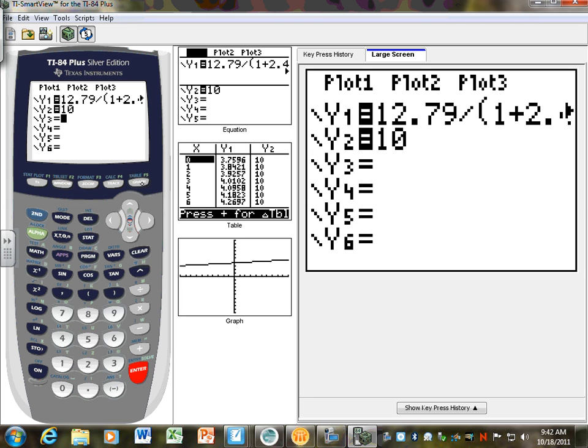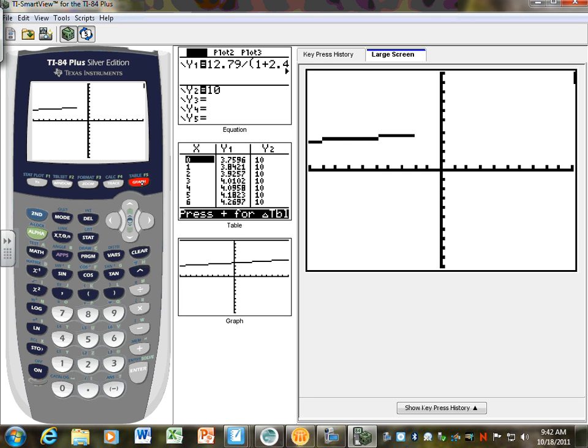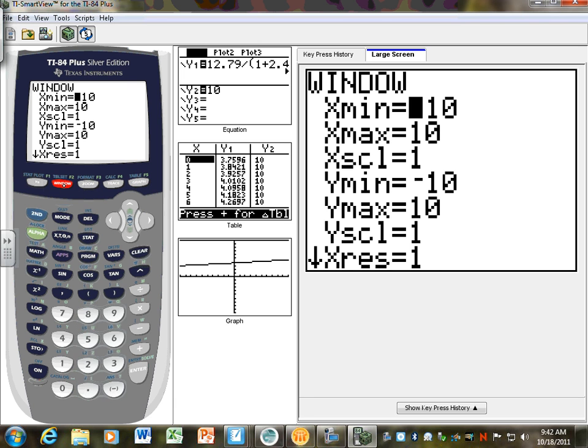And I could go and look at the graph of this, but it's not going to show where they intersect because, look, 10 is way up here, and here's my graph, so that's where I need to look at my window. And let's just start at 0. That would be at 1900.